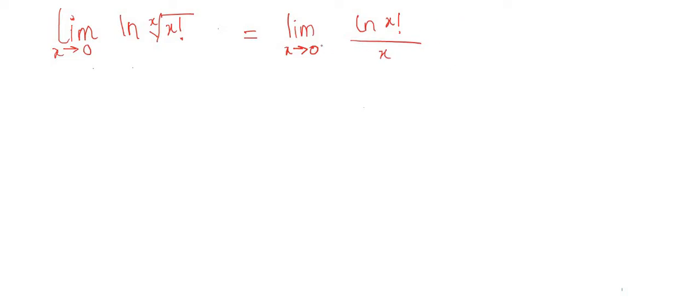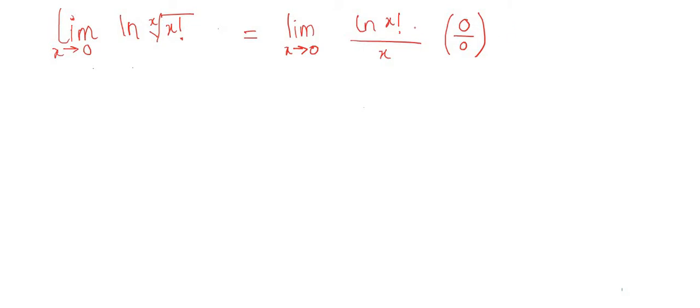When I substitute, it's 0 factorial, which is 1. Natural log of 1 is 0, and even in the denominator I have a 0. So on substitution, this becomes the type 0 by 0.